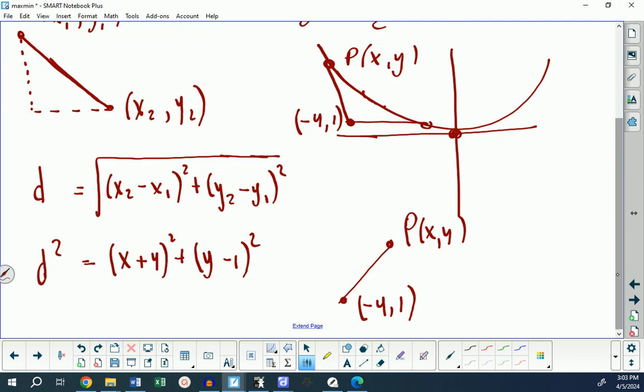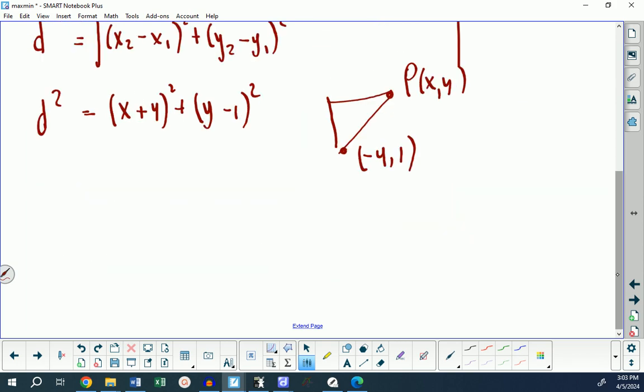So I'm taking x and subtracting -4, which is x plus 4, which will give me this distance. I'm taking y minus 1, which will give me that distance. That's supposed to be a right triangle. Now I do need to get rid of the y.